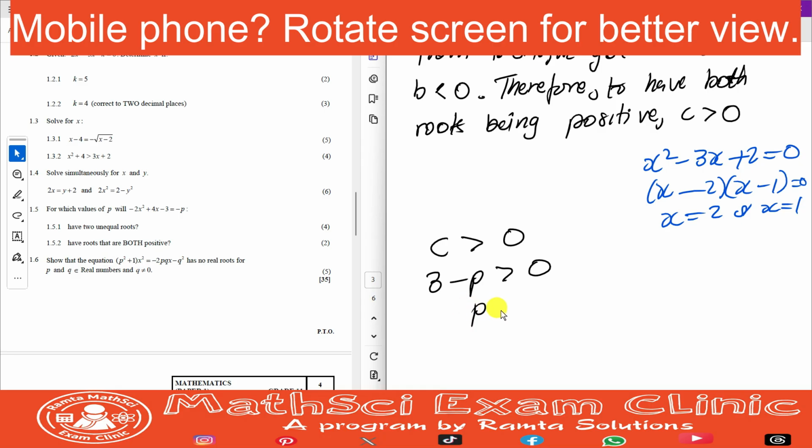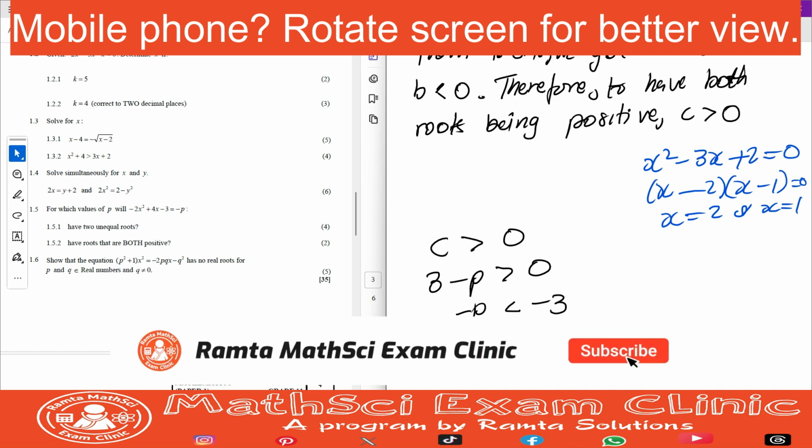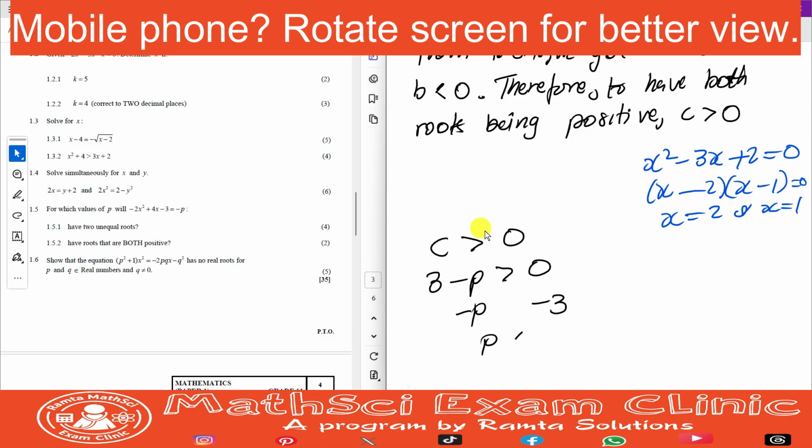So negative p is less than negative 3. So p is greater than, right? Is that so? Oh boy, look at what I'm doing. My mistake here. I'm sorry. Because we're dividing by a negative, the direction will change. p will be less than positive 3.